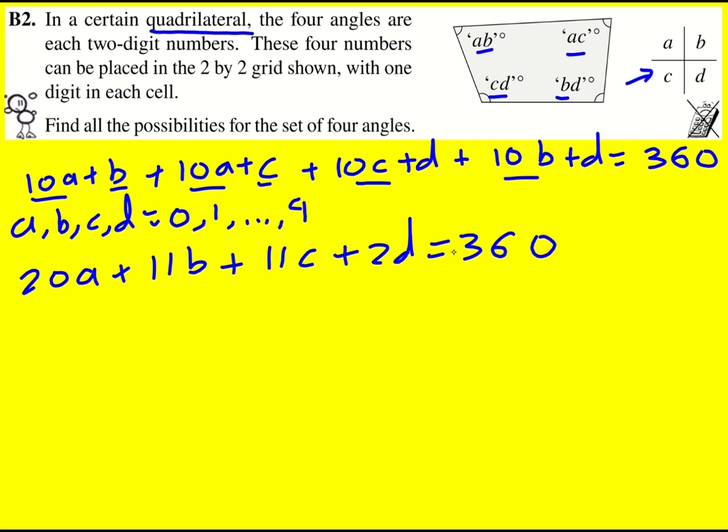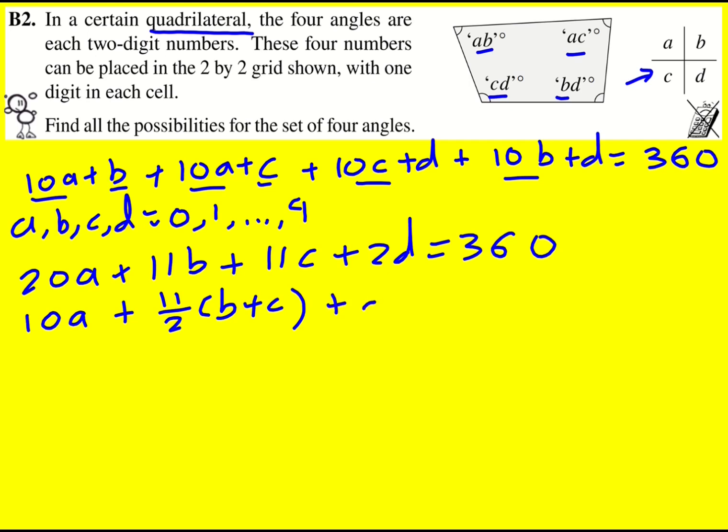And 11 doesn't go into 360, but three of them are even. So I'm actually going to divide through by 2. Now, at the same time, I'm going to factorize out the 11. So it's going to be 11 over 2 times (B plus C), because this is going to be the easiest then to deal with.